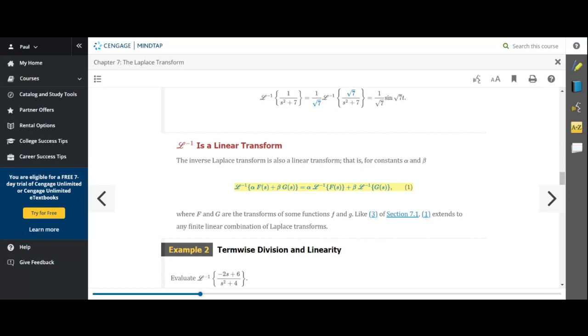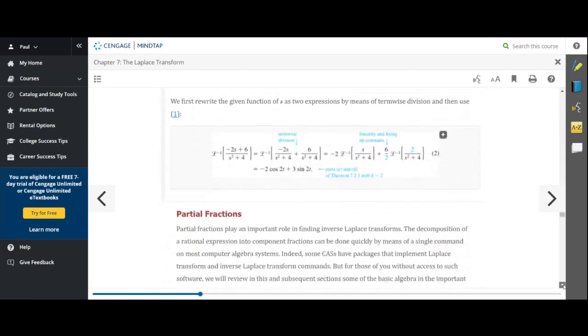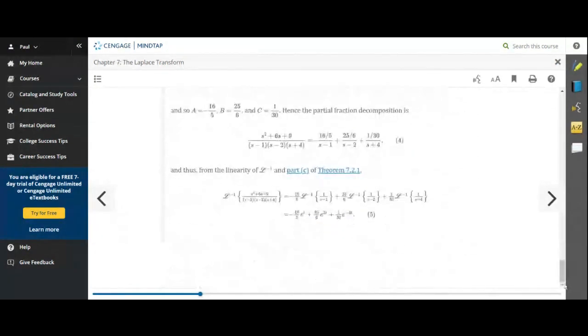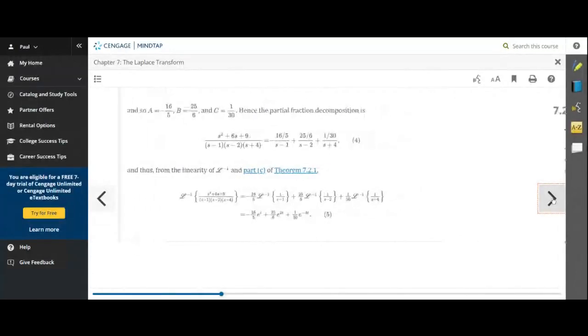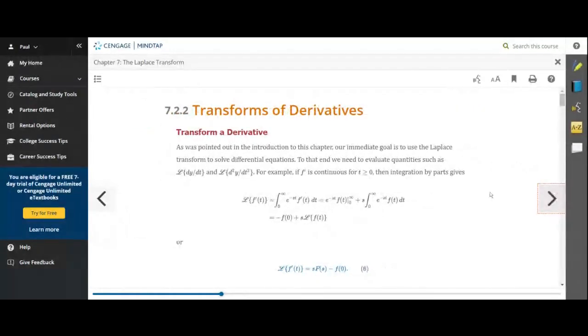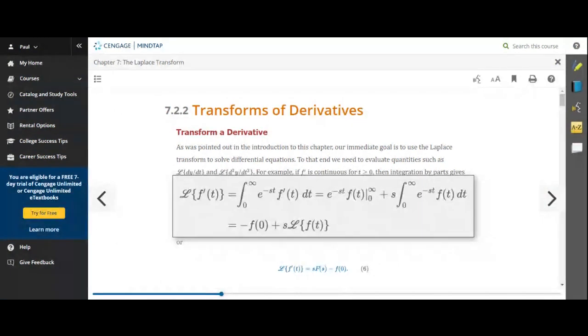Naturally, ultimately we have to be able to talk about what the Laplace transform of a derivative is. So f prime of t is a function of t. It's a derivative.